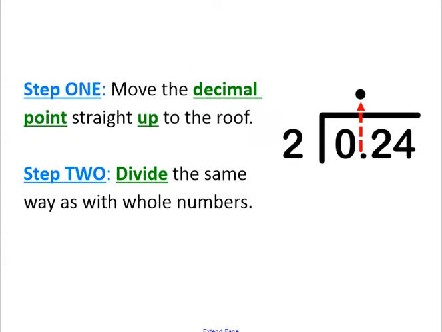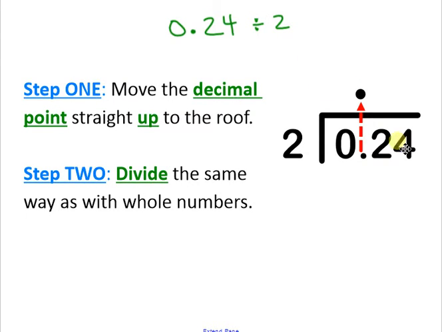All right, let's go ahead and get started. There's really only two steps to dividing decimals, and it's pretty straightforward, like I said, but it's a really good way to practice before jumping into dividing decimals. You will rarely be given a problem that looks like this, so I want to show you how you will be given the actual problem. You'll be given the problem in this fashion: 0.24 divided by 2.